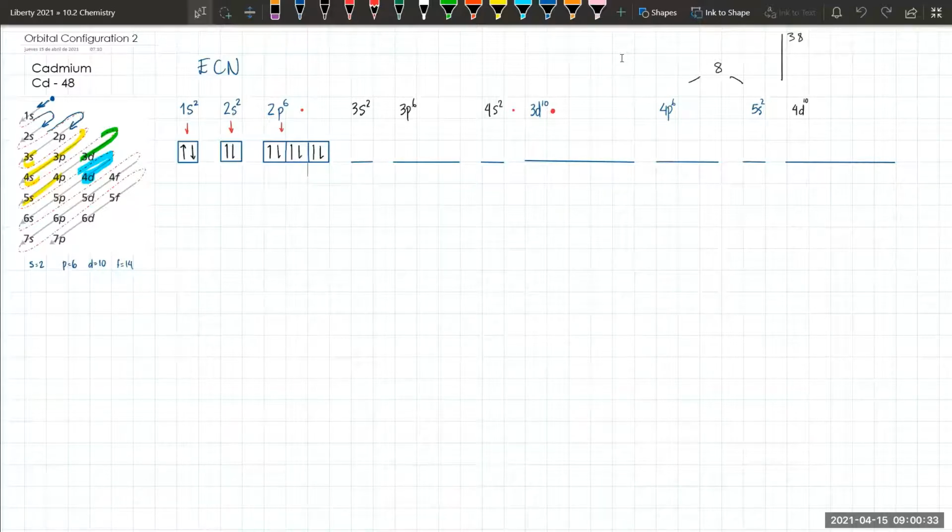For 3s2, two arrows. Now as you can see, without the boxes, it also looks okay if you do it like that. Or you can do the full arrows like that.